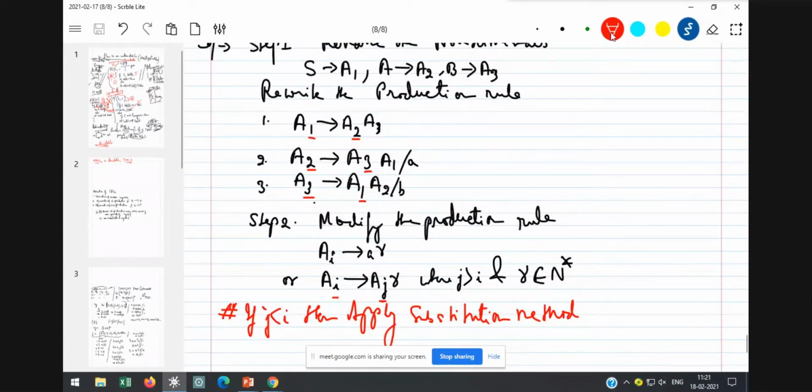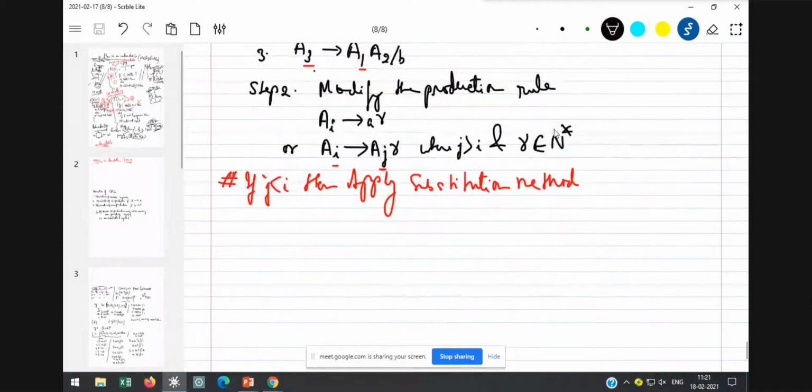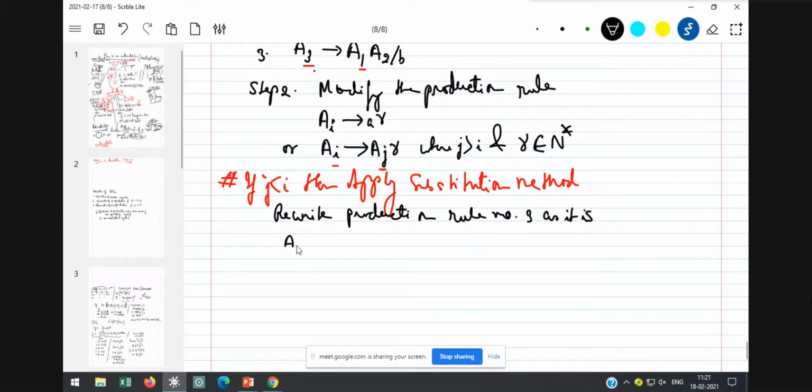Now let me just rewrite production rule number 3 as it is. Let me write A3 replaceable by A1, A2, terminal B. A1, A2, terminal B.